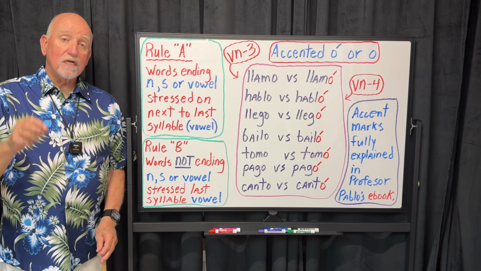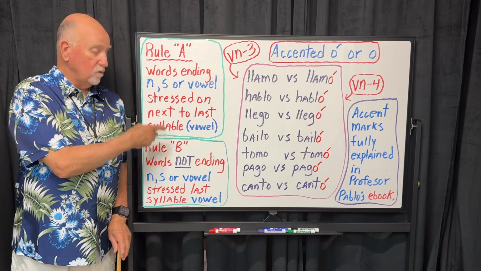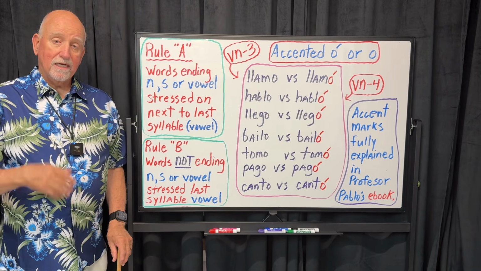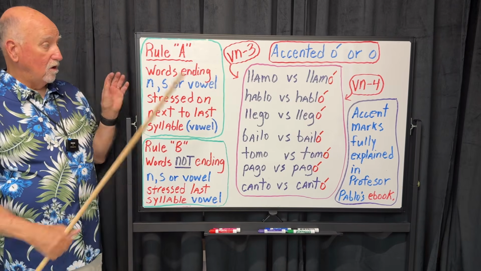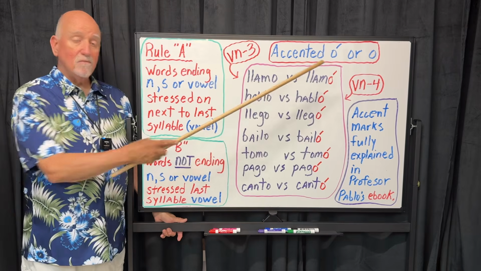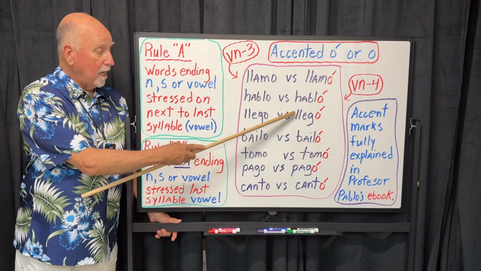When a word is pronounced stressing a vowel that doesn't agree with where the rule says the stress should be, then it's what we call a violator vowel, and it gets an accent mark. That's why all over here, this should be pronounced llamo, but we have to put an accent mark on it to tell you to pronounce it llamó. Here, habló.